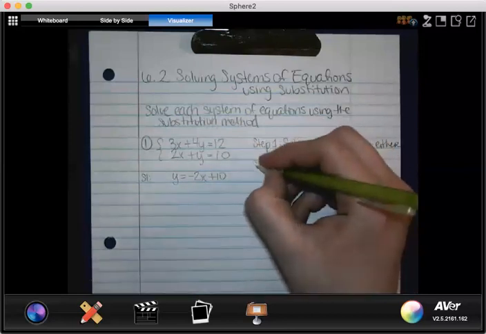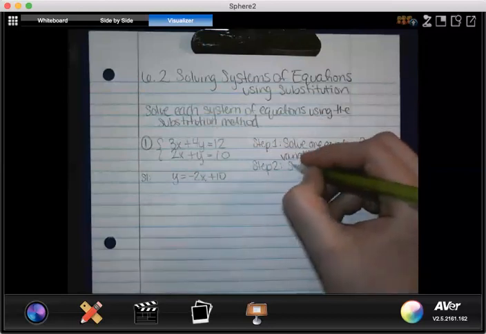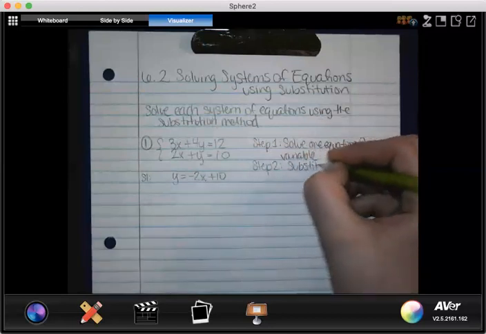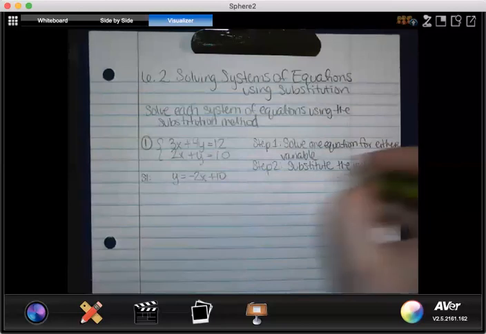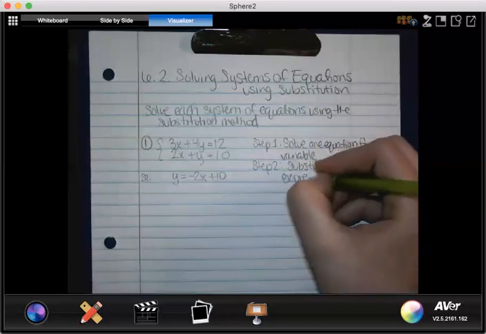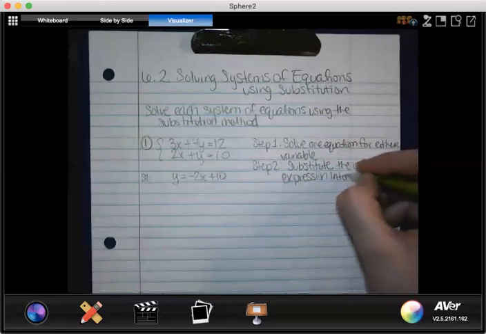Step 2, you're going to substitute, hence the name. You're going to substitute the isolated expression into the other equation.